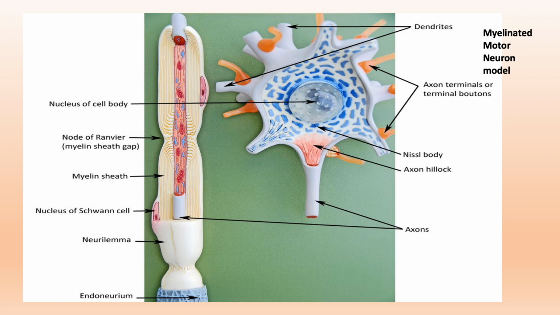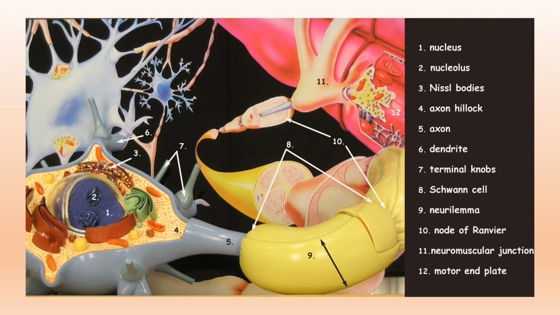Schwann cells produce myelin, and that myelin sheath insulates the axon. So electric stimuli will not travel alongside the axon in myelinated neurons. However, it will jump from one node of Ranvier to another one. We call this saltatory conduction, and it allows the action potential to move forward faster than in unmyelinated neurons.